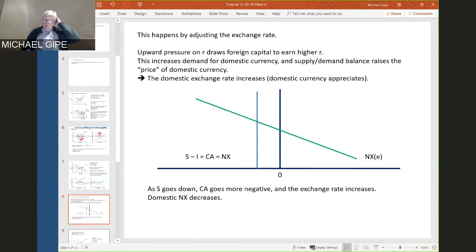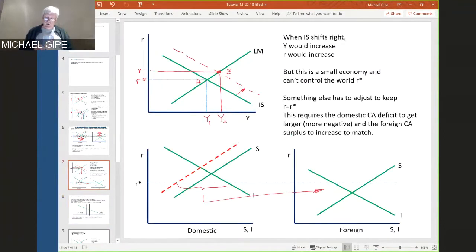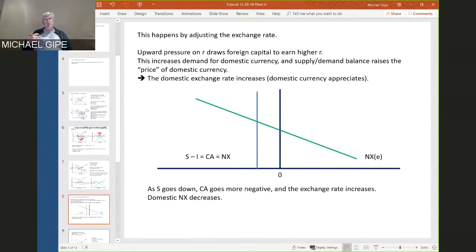So if you think of it, the upward pressure on the domestic interest rate that you would see in that ISLM curve draws foreign capital in, hoping to earn a higher interest rate. So even if you move that interest rate up just a hair, the financial markets will jump on it and hope to get a little better yield on their money that they're investing in whatever assets they invest. Well, that of course changes the supply-demand balance for currency, for money.